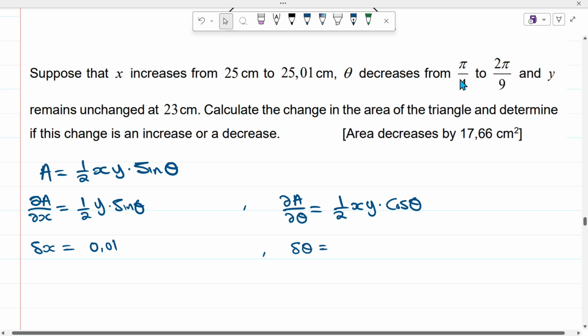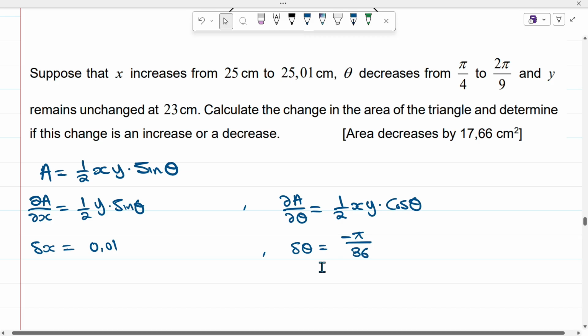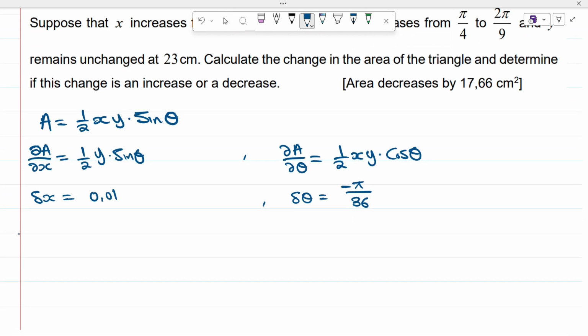Okay, I'm pressing on my calculator now: 2 pi over 9 minus pi over 4. You should get minus pi over 36. So that's the small change in theta, and it's negative. And they said y remains a constant. So yeah, we have this. Now we just need to substitute in our formulas and get the values. So yeah, let's go.